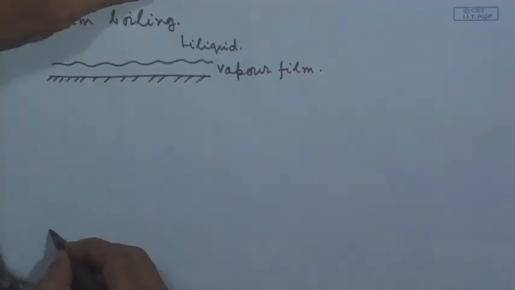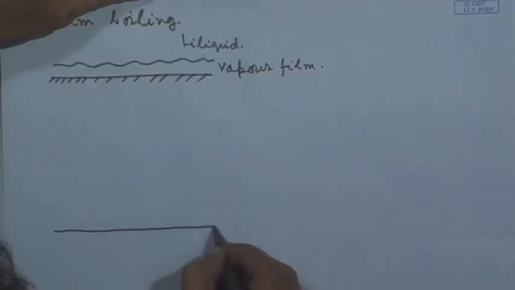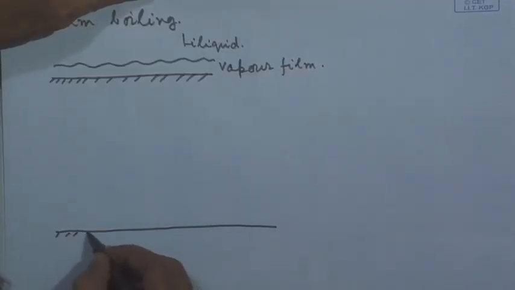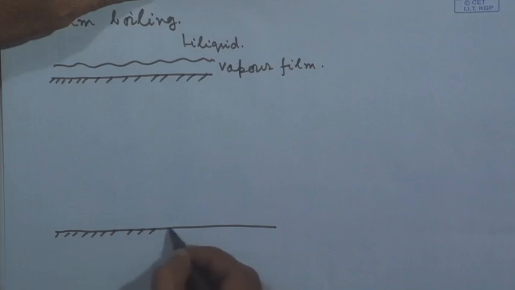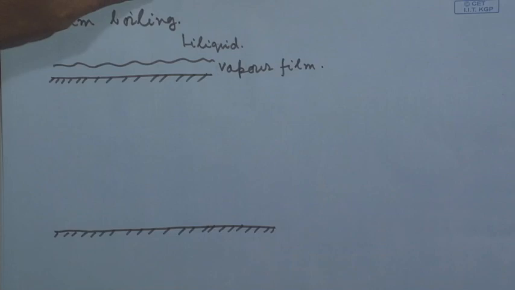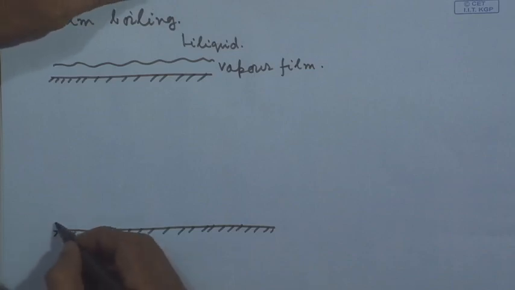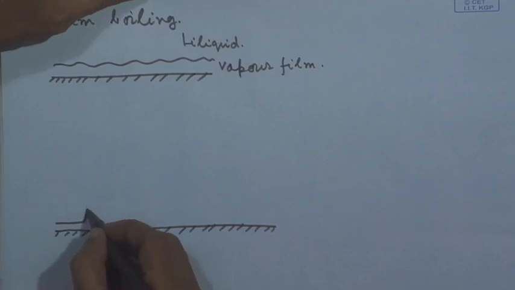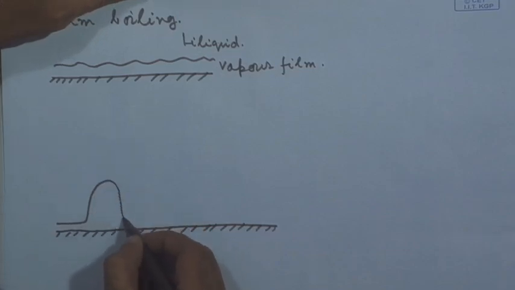So, let us consider film boiling over a horizontal surface. If the surface is wide enough, that means theoretically it extends up to infinity both along the x and y direction, one can expect to see this kind of pattern.